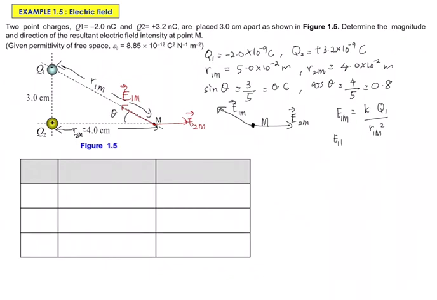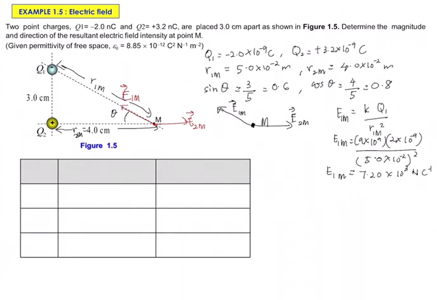So your E1M will be 9 times 10 power of 9, and then Q1 is 2 times 10 power of negative 9, no need for the negative sign, over R1M, 5 times 10 power of negative 2, squared. So you will get E1M, which is 7.2 times 10 power of 3 Newton per coulomb.